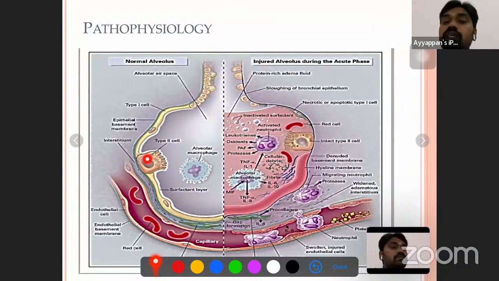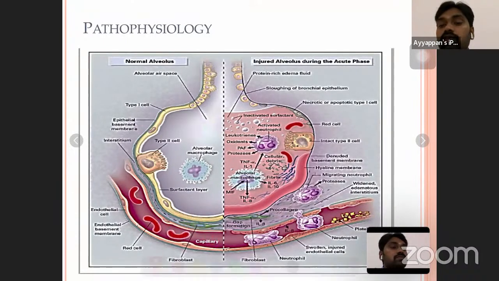And this is the type 2 cell, which is responsible for the formation of surfactant. And this is the alveolar basement membrane. And this is followed by the capillary endothelium.